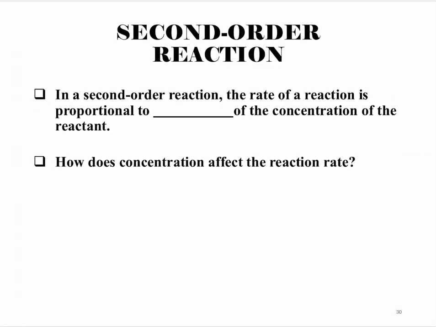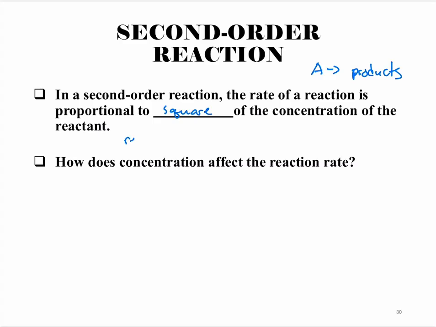Okay, so then we have second order reactions. In a second order reaction, our exponent is going to be 2. So our rate of reaction is going to be proportional to the square of the concentration of the reactant. So let's say we had, again, something simple like A goes to products.